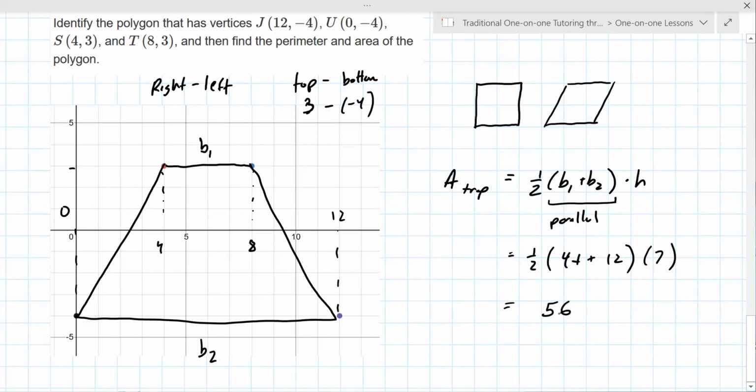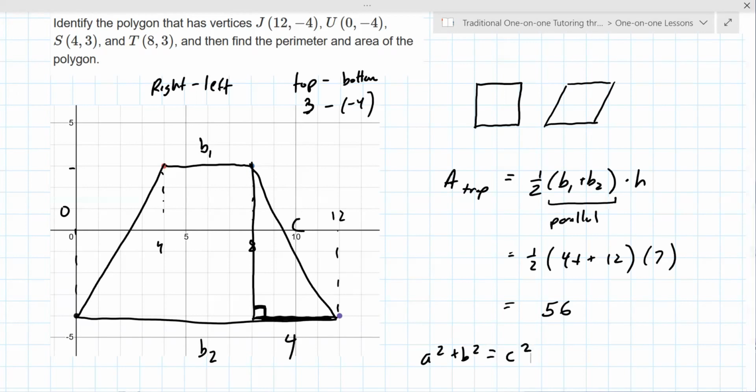Perfect. Okay, now this triangle right here is a right triangle. What is the height? The height is 8. And the base here is 4. So I want you to find C. A squared plus B squared equals C squared.